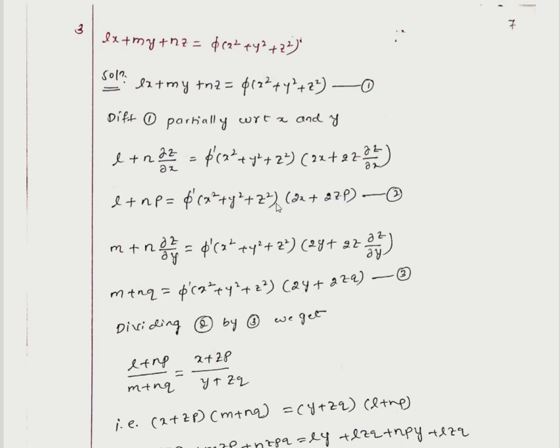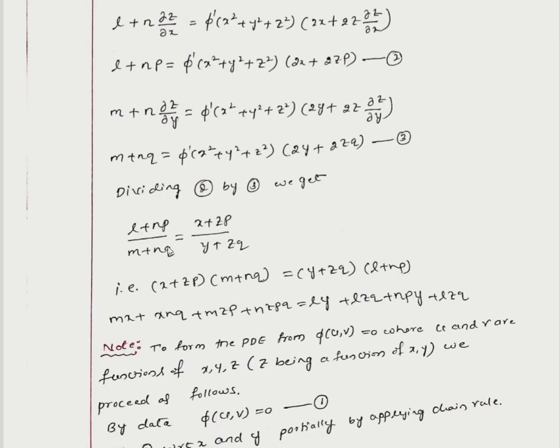Take 2 outside as a common term, here only x + zp, and here take 2 common, therefore y + zq. The 2 gets cancelled, and we get only (x + zp) divided by (y + zq).